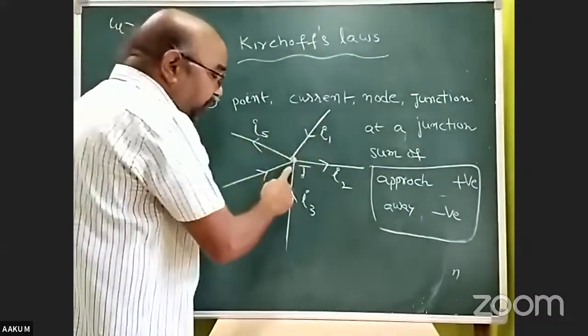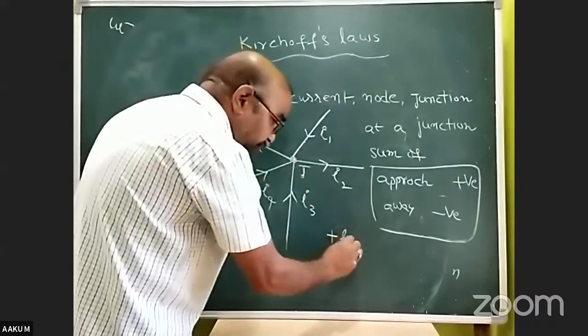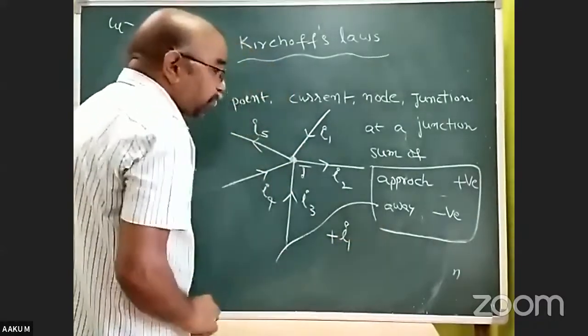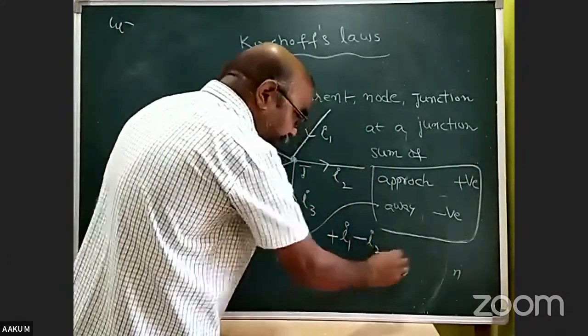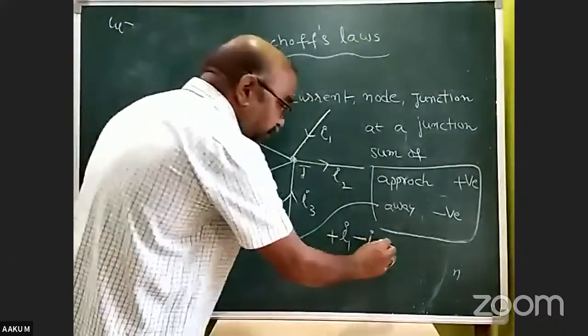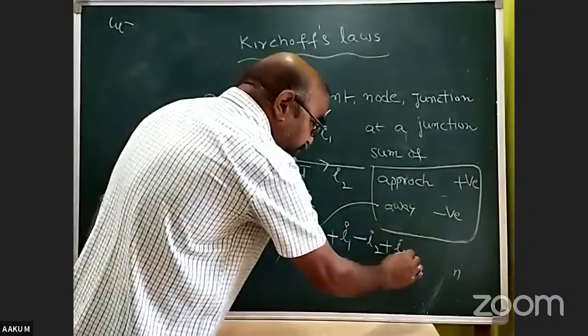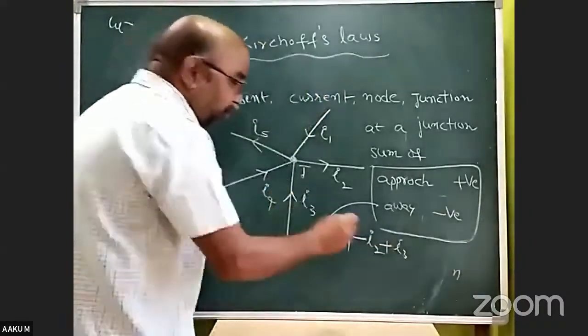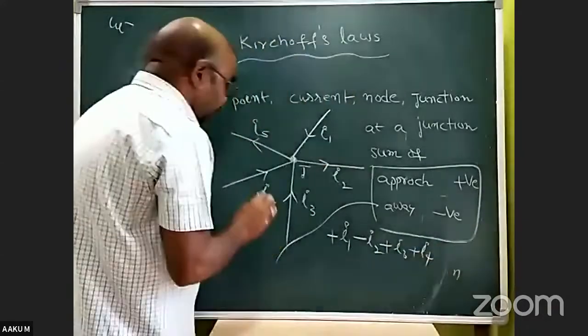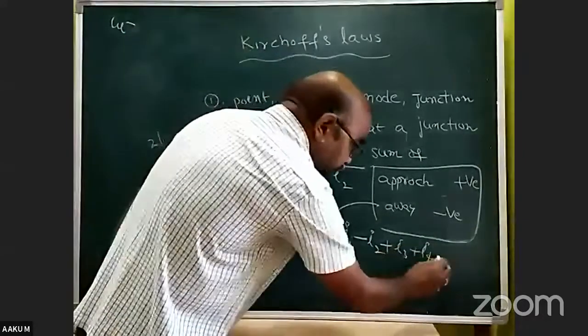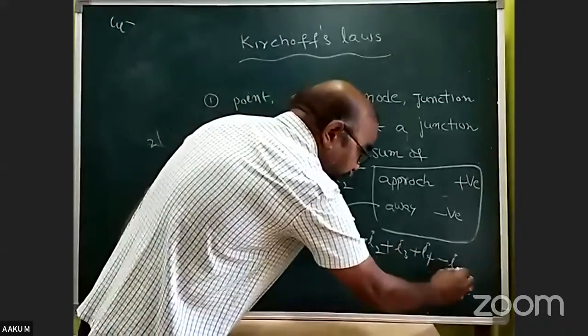I1 is approaching the junction, so plus I1. I2 is leaving, minus I2. I3 is approaching, plus I3. I4 is approaching, plus I4. And I5 is going away, minus I5.